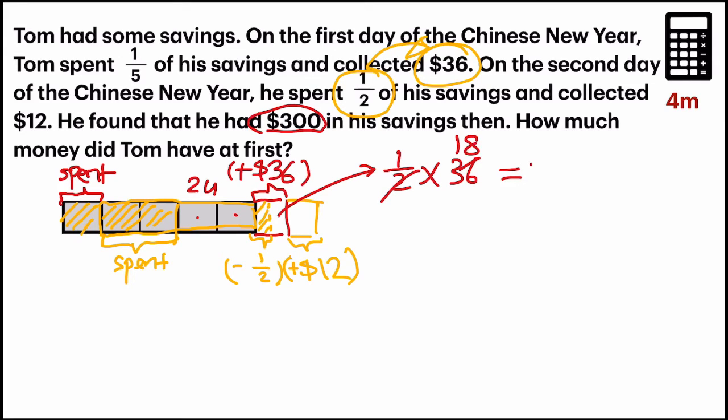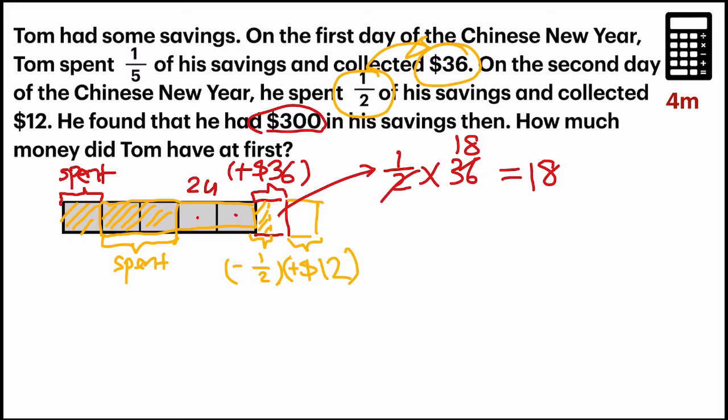And for this question, you can use a calculator. So I will get $18, which means he has spent $18 on the second day, and he saved $18 as well. And this part is $12, and this is 18. So that $300 here refers to 2 units plus 18 plus 12.